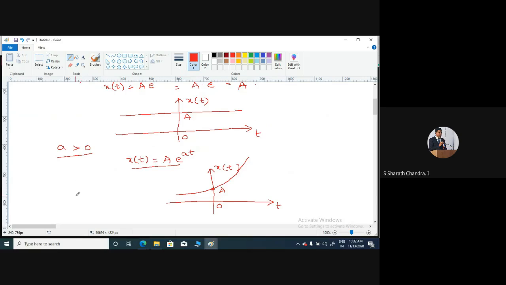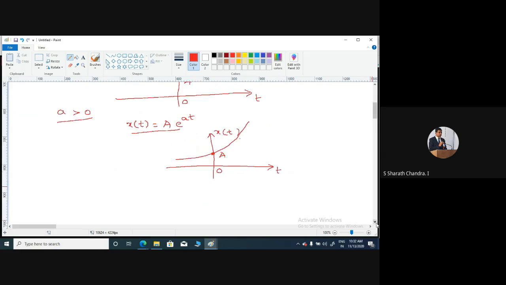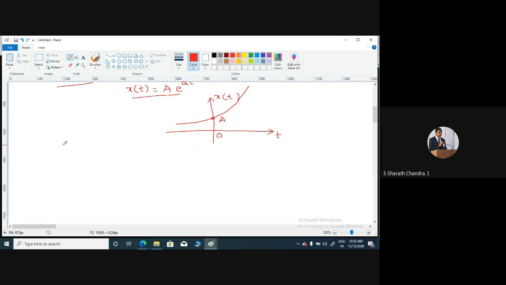And similarly, if small a is less than 0, we could see that x of t is equal to A into e power at. That means the exponent becomes negative, and this represents a decaying exponential.